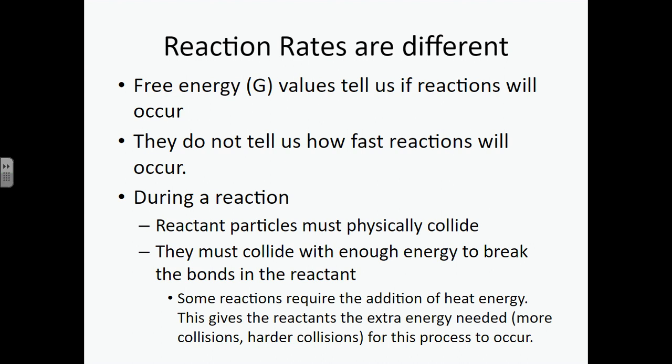During a reaction, your reactant particles collide physically, and they must collide hard enough to break the bonds in a reactant to form new products. We've looked at this in relationship to delta H value, and some reactions require addition of heat energy. This gives the reactants the energy that they need to make sure that those reactions happen.